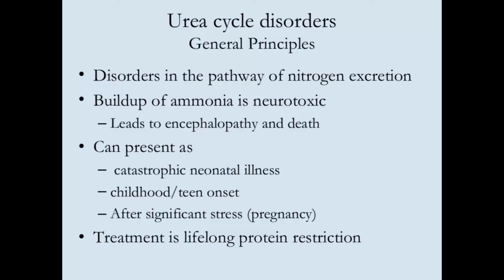In that case, they may have a mutation that gives them a little bit more enzyme than the neonates, so they're not completely depleted, and they've gone through their entire life functioning on what they have. But when you stress the system with too much protein, their urea cycle can't handle it.